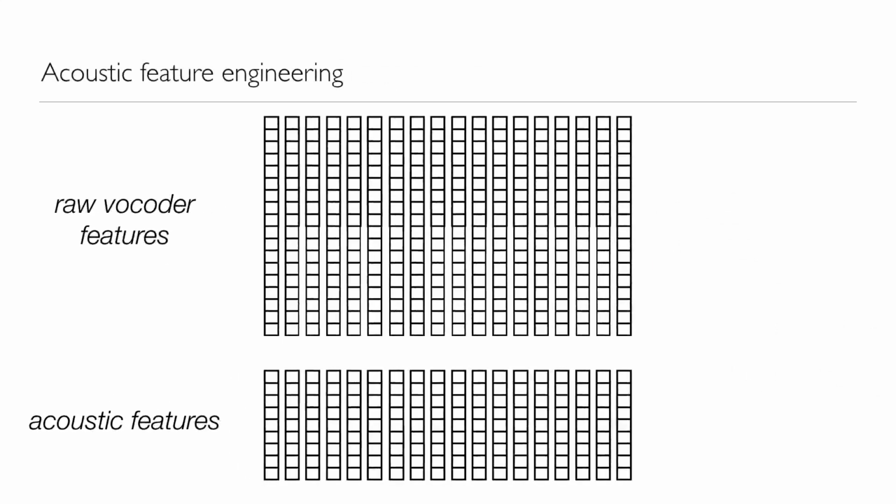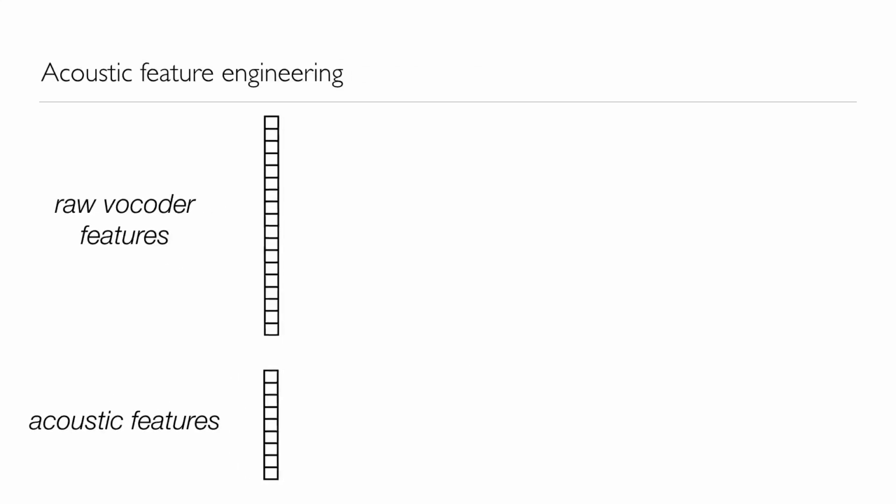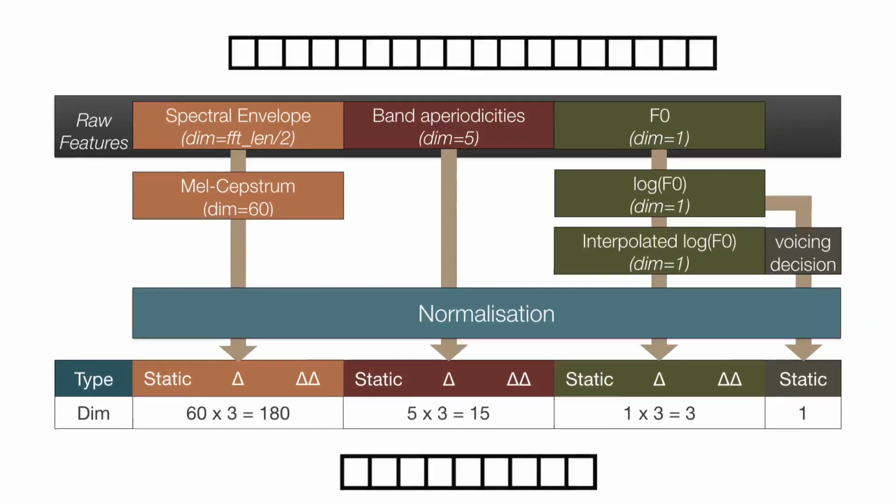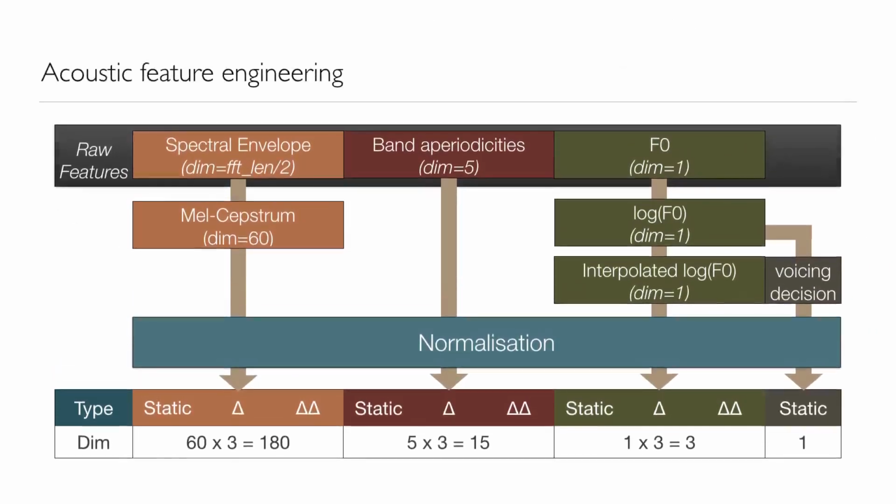So you see there that we need to compress the length of the vectors. And this diagram summarizes the whole acoustic feature engineering. At the input, at the top of this slide, you have the raw features extracted by WORLD, the vocoder, and then we want to modify these features to adapt them to work properly with the DNN.